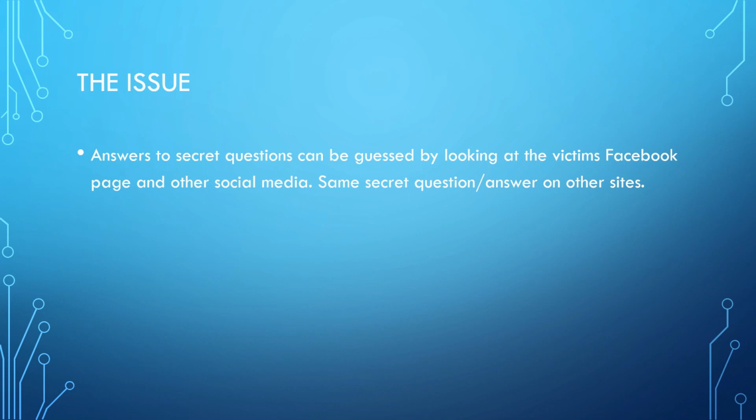So if that website was compromised somehow and the hacker gained access to a list of all the usernames and passwords along with the secret question and answers, they can now have that answer to your two-factor authentication to log into your other websites if you use the same security question.